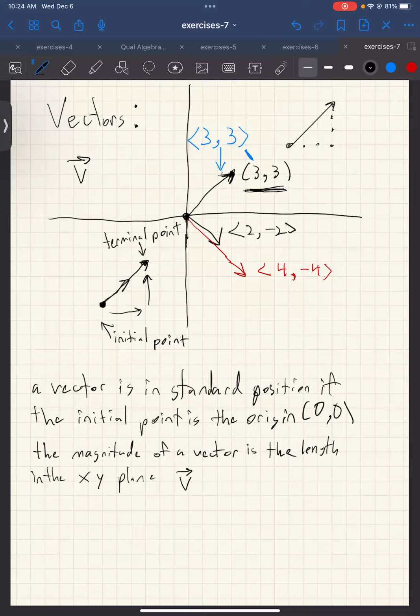It's kind of like how far the vector is from 0.